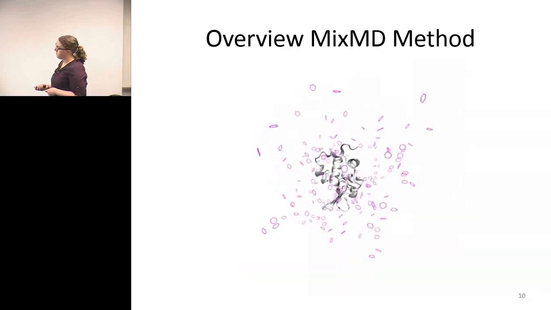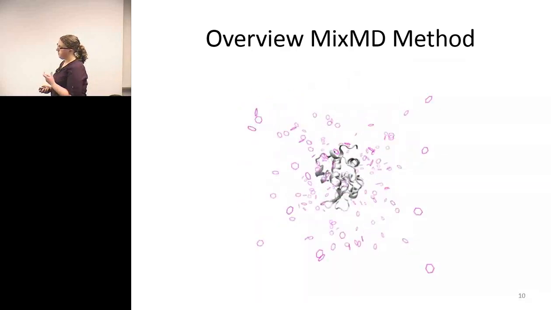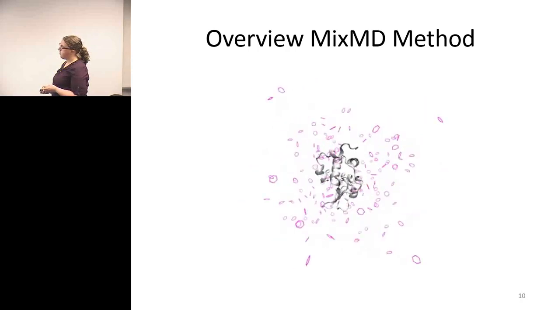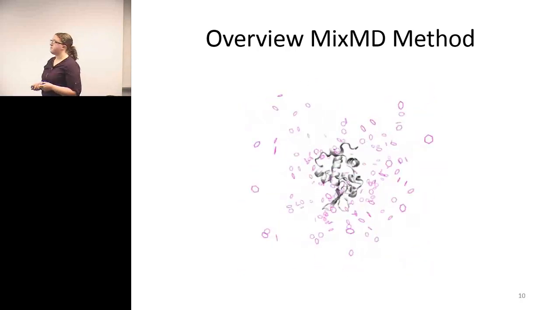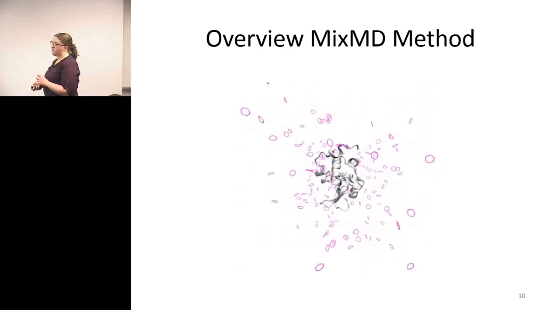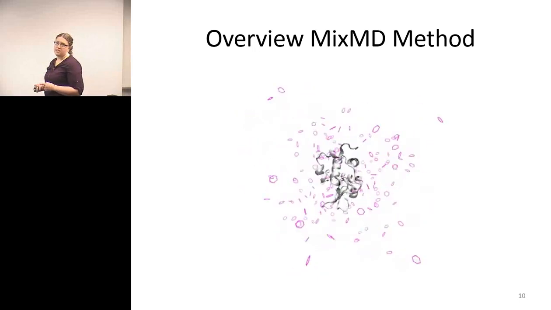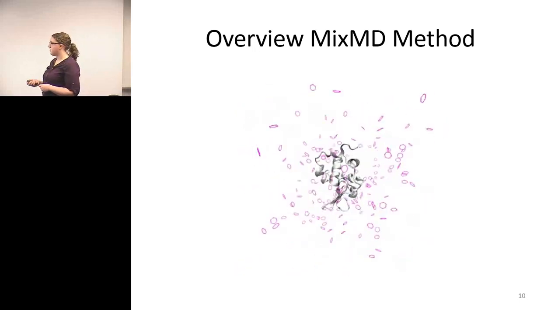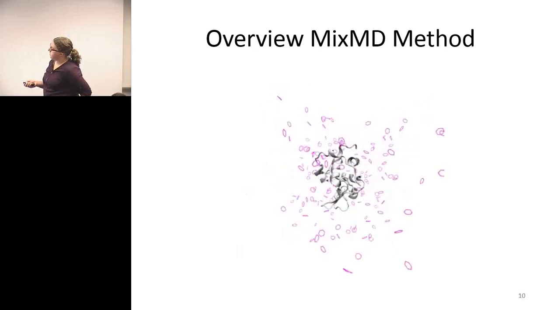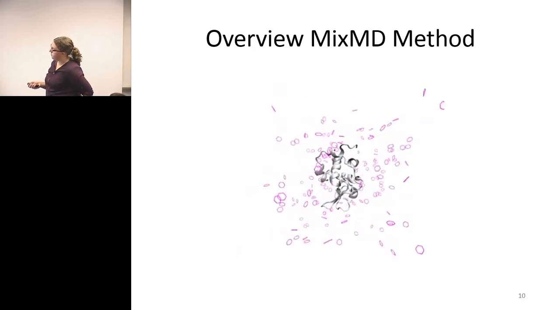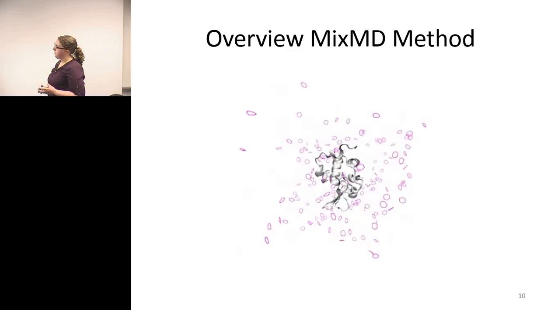So what I'm showing you here is a piece of a trajectory that we did for a MixMD simulation of pyrimidine and water. In this case, I'm hiding the water molecules because it gets tricky to see with waters all over the place. You can see that we're allowing flexibility for the protein. You can see that there's some backbone movements.